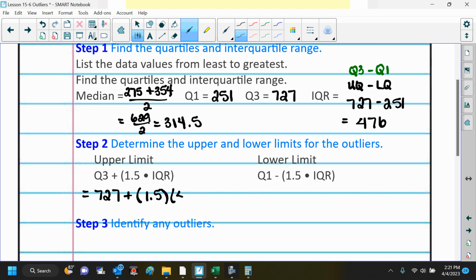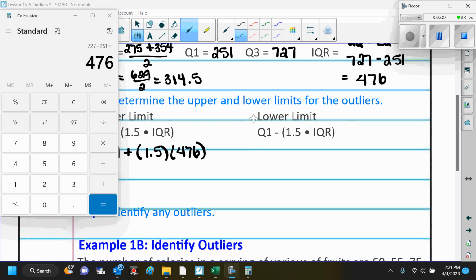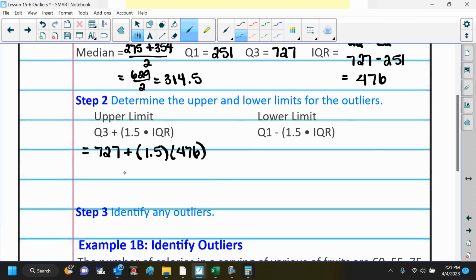Then we simplify, and remember, we want to use our order of operations. So we take 476 and multiply that times 1.5, and that gives us 714.